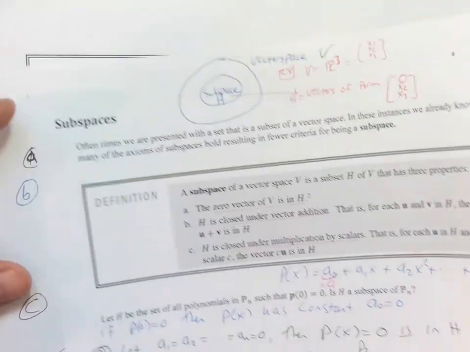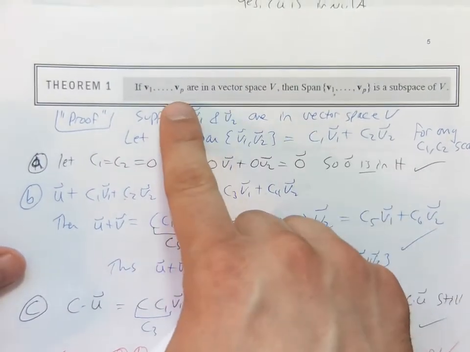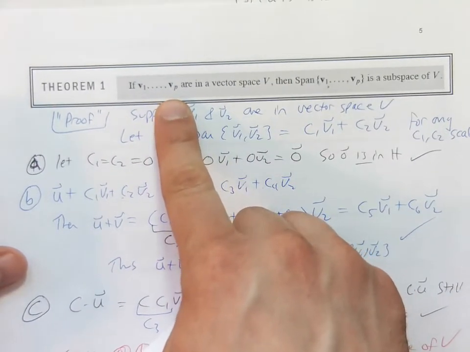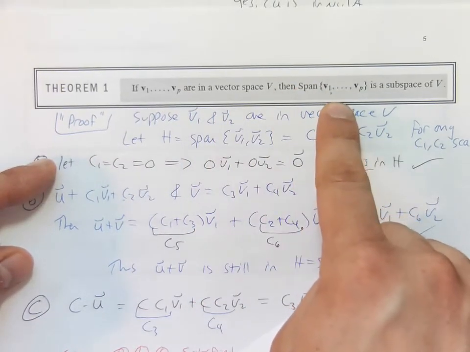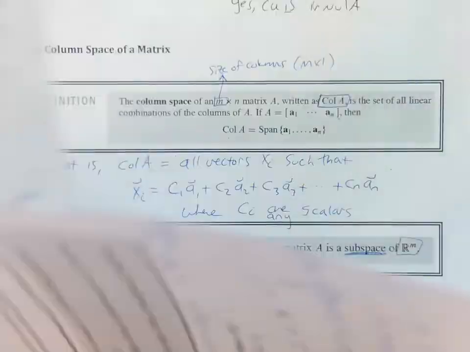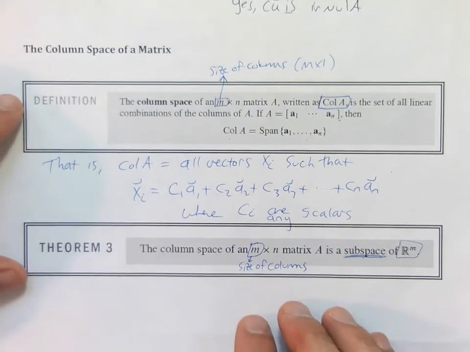But the other cool thing we could do is use what's on the next page of this, which is Theorem 1. And so Theorem 1 says, if we've got a bunch of vectors in a vector space, then the span of those vectors is a subspace. And so let me write that down right here, and then we can see how that applies.